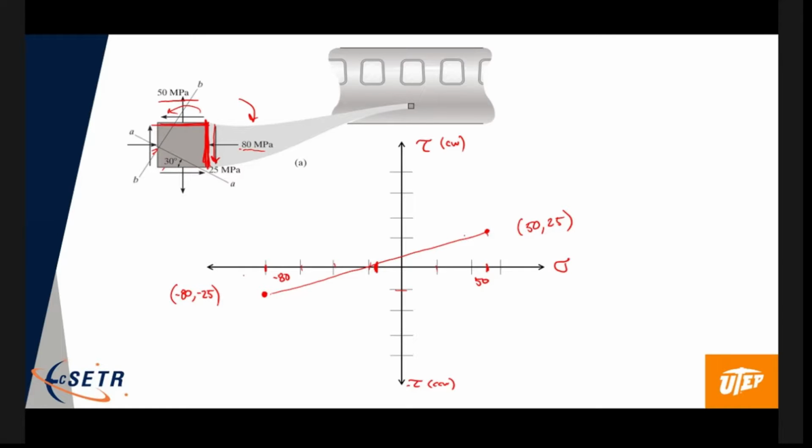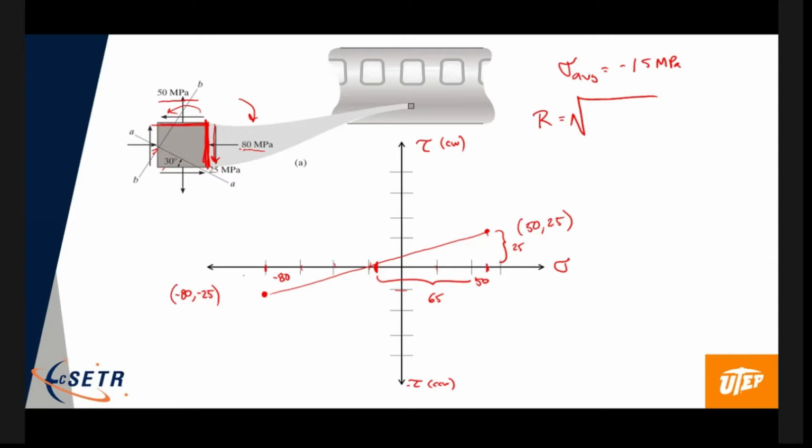Okay, the radius of the circle, let's figure it out. The center, the average, is minus 15 megapascals. To get the radius, it's the square root of this distance here, which is 50 minus minus 15, so that's 65, and this distance here is 25.